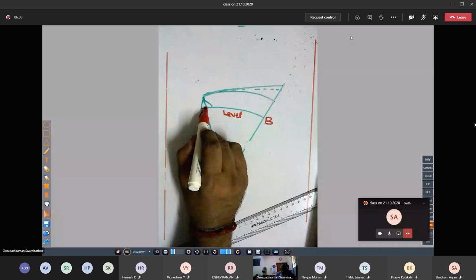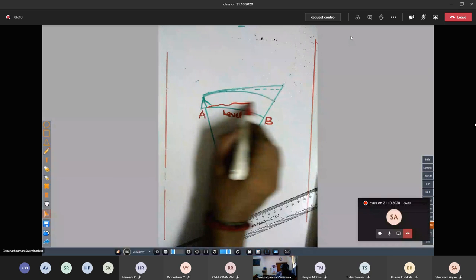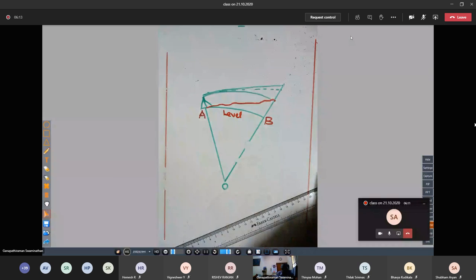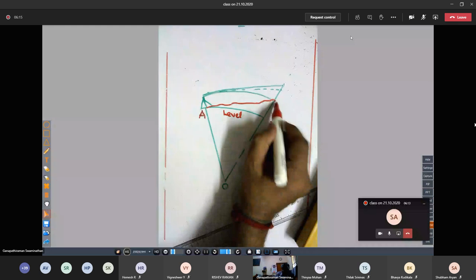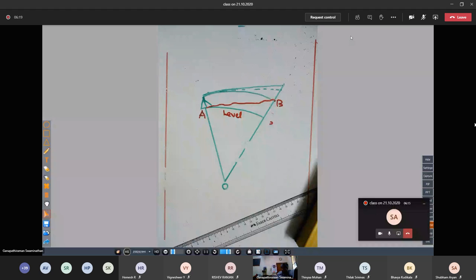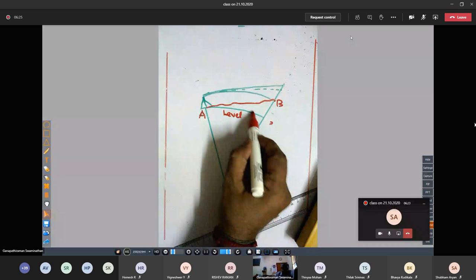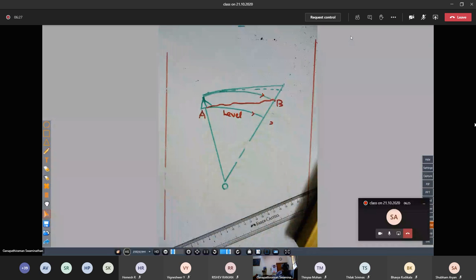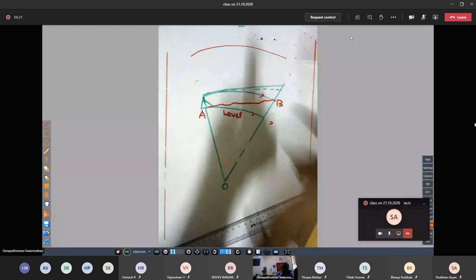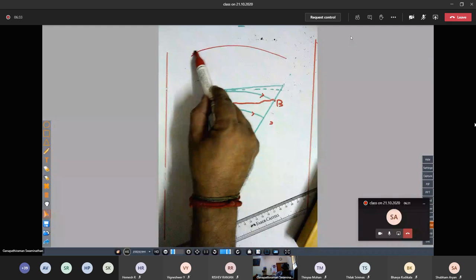Now you have two points, A and B. You set your instrument at point A. This is the level line and this is the level line, and this is what is called the horizontal line.